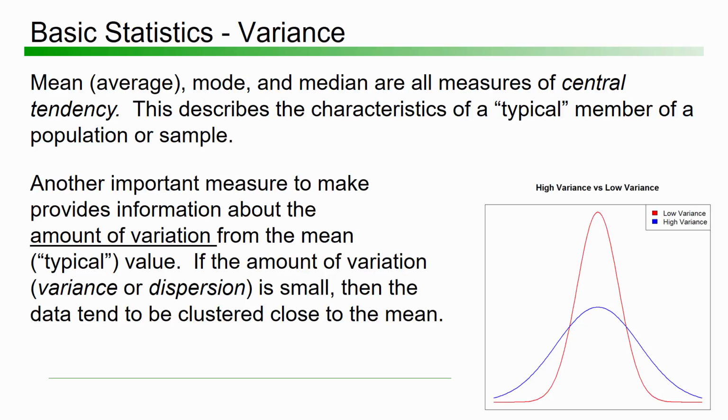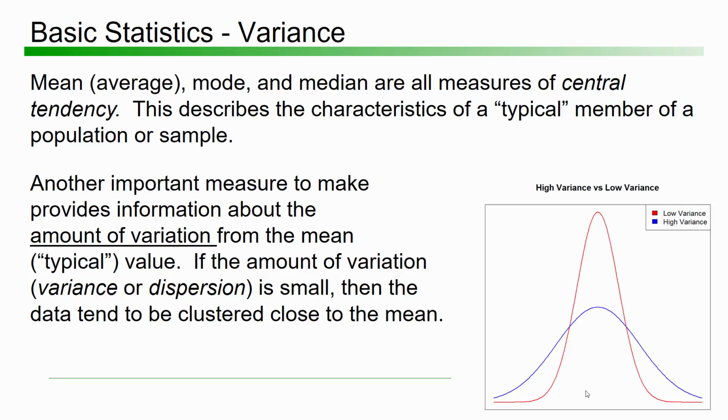But another way of looking at data is how spread out it is from that central tendency. And what this figure is illustrating is variance. Variance is a quantitative way of measuring how dispersed the data is from the central tendency. Here in red, it's showing that most of the values are pretty close to whatever this middle point is.